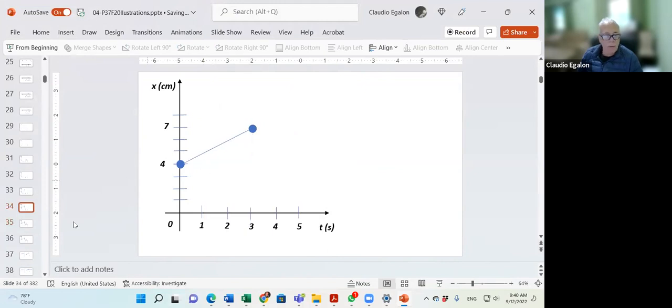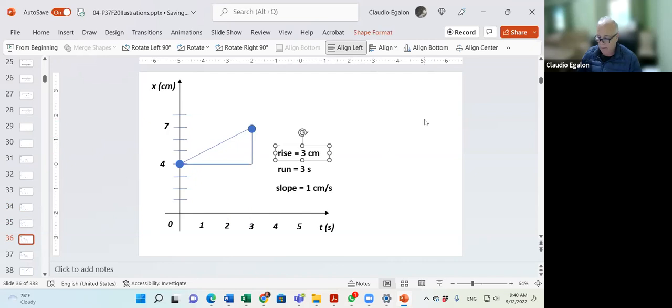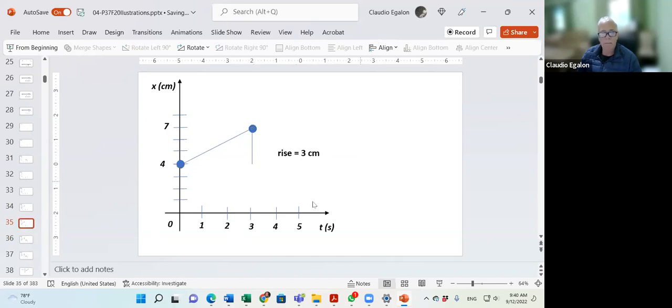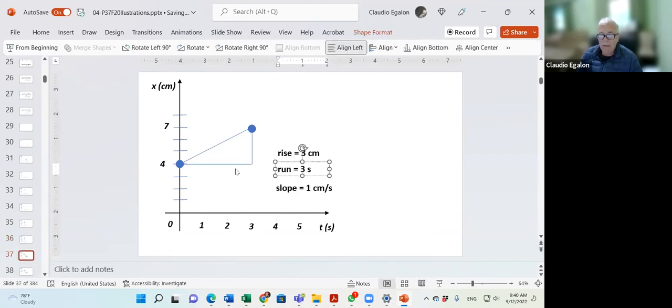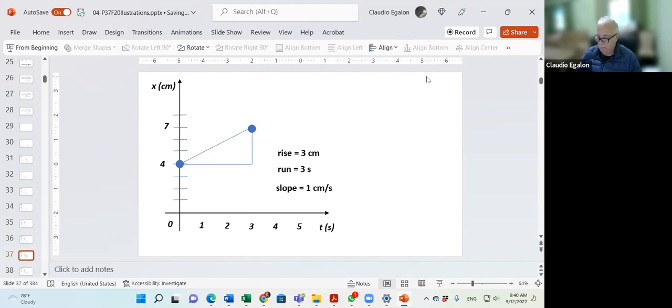Okay, we're going to have a rise of 3 centimeters here in this case. Here you go, rise. And we're also going to have a run, in this specific case, of 3 seconds.